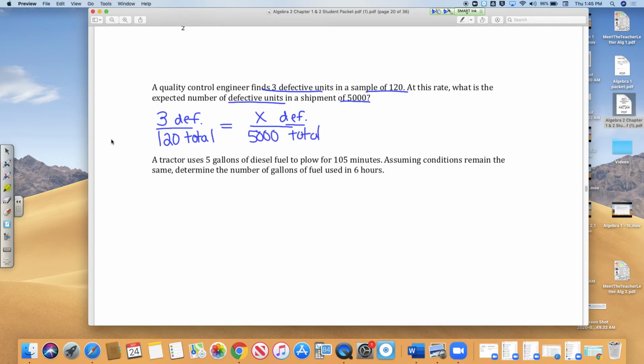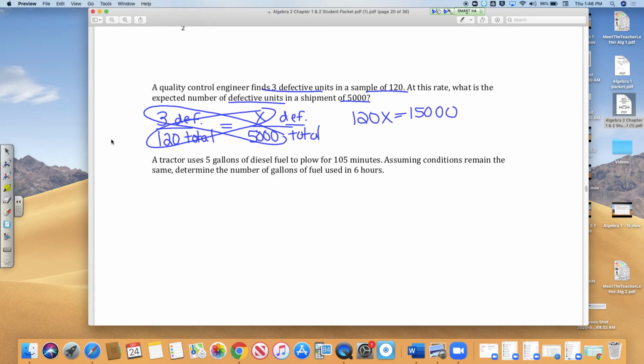So here's my proportion. Again, you might have a different proportion, but as long as these diagonals are lined up, you're going to get the same answer. What I mean by that is as long as you have 3 and 5,000 in the same diagonal, and you have x and 120 in the same diagonal, then you compared these numbers correctly. When I cross multiply, I'm going to multiply x times 120, and that's 120x, and 3 times 5,000 is 15,000.